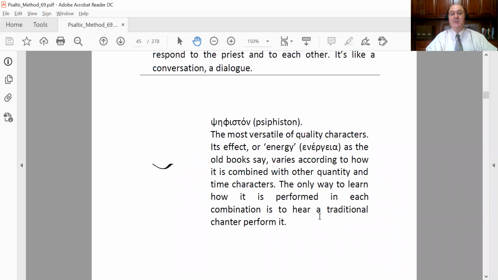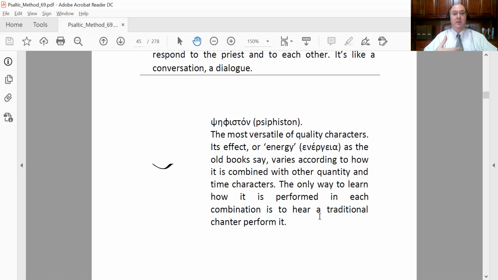That's why it's extremely important for you to spend maybe 10 to 20 minutes a day listening to traditional chanters, especially chanters that served in the ecumenical patriarchate of Constantinople, because they know exactly how to perform psiphiston according to the combinations that they see in front of them on a piece of paper.